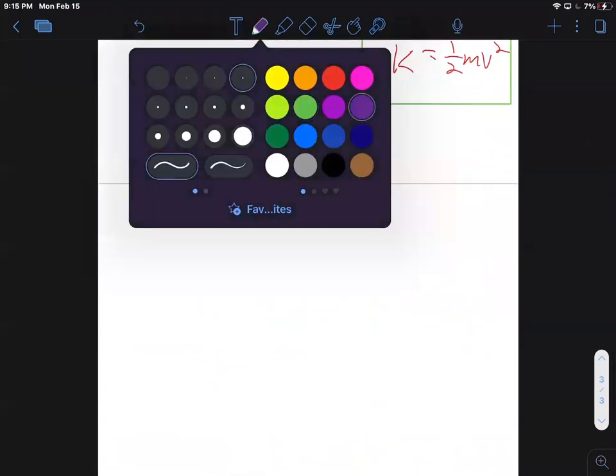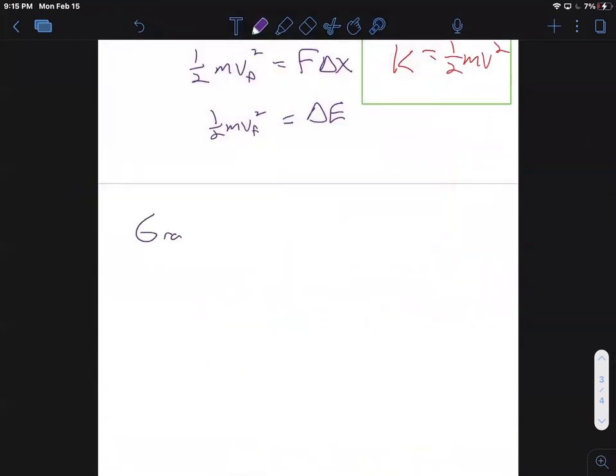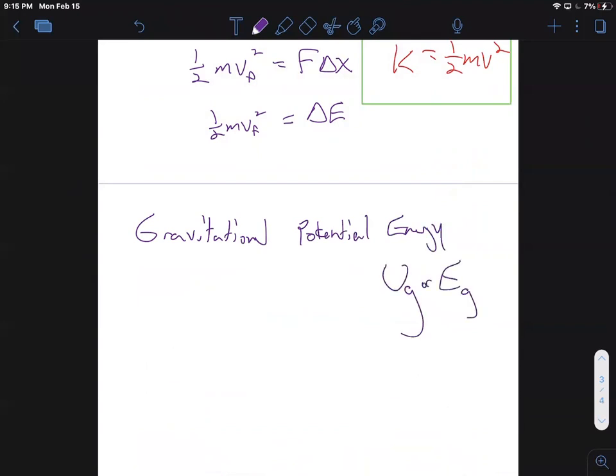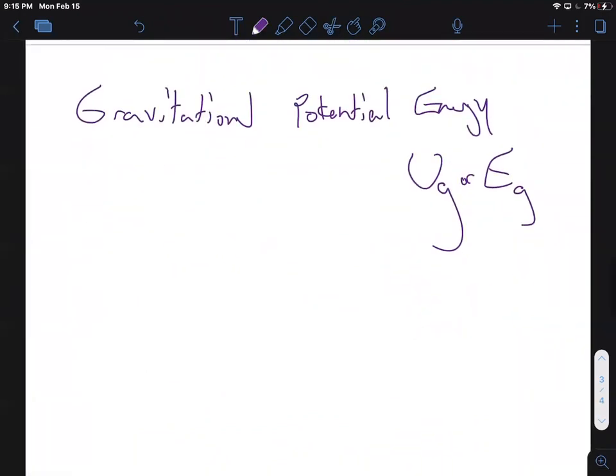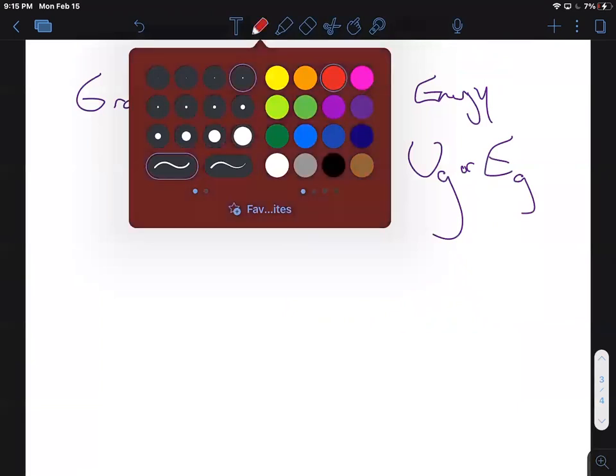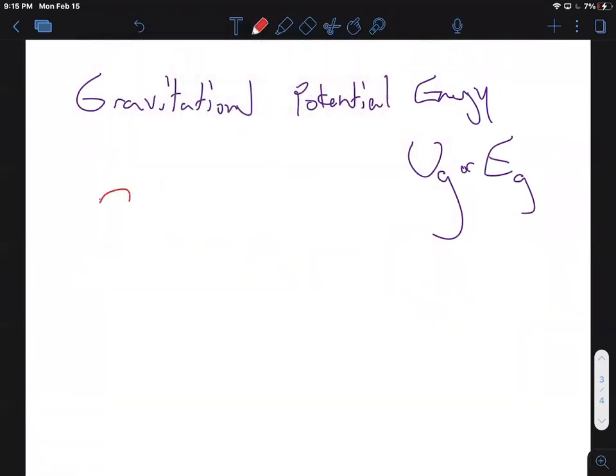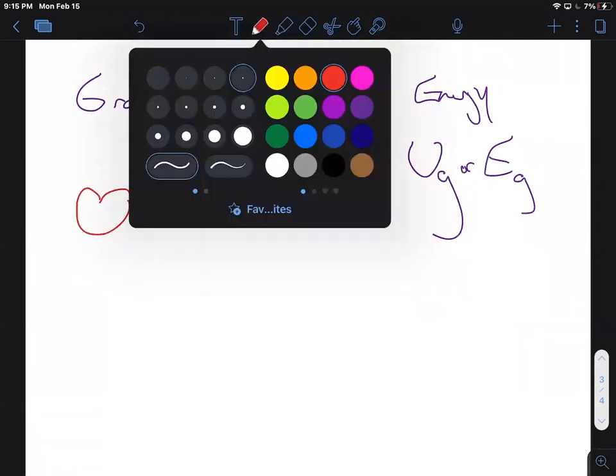Up next, let's look at gravitational potential energy, which we could see represented as UG or EG, depending on who you're talking to. All right, what situation we're going to look at here is let's just look at an apple.